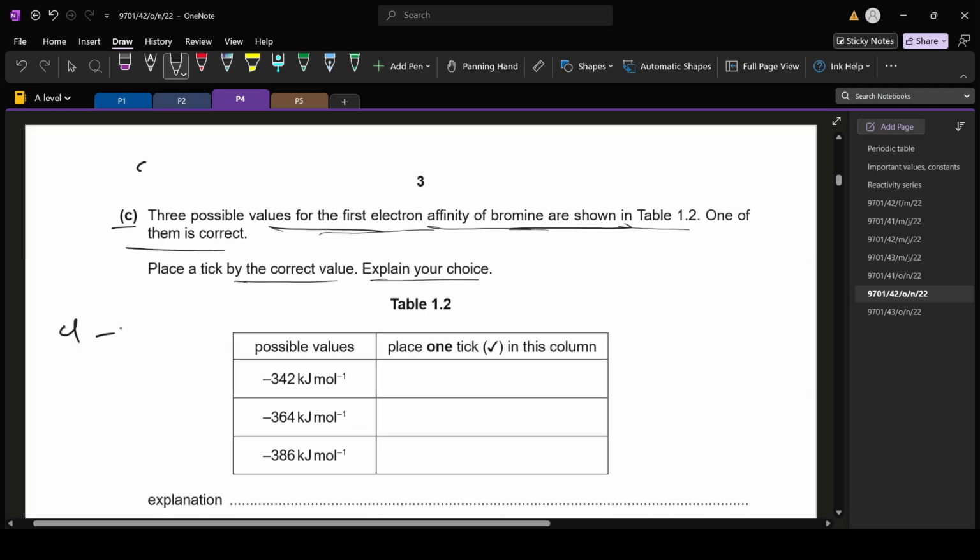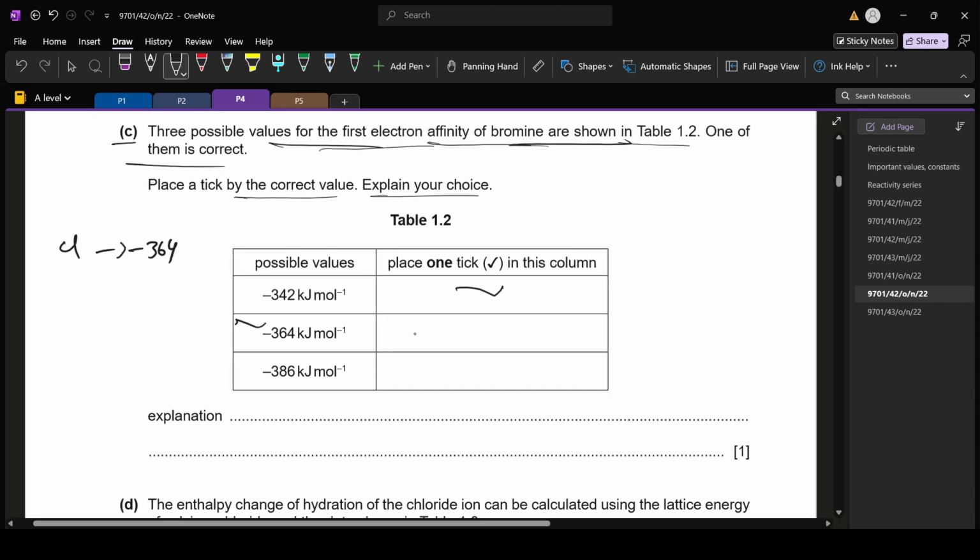That's right over here, 364, which is given to you in the table also. So what will be the first electron affinity of bromine? Whether it will be more negative than chlorine, same as chlorine, or less than. It will be less negative than chlorine. Why?